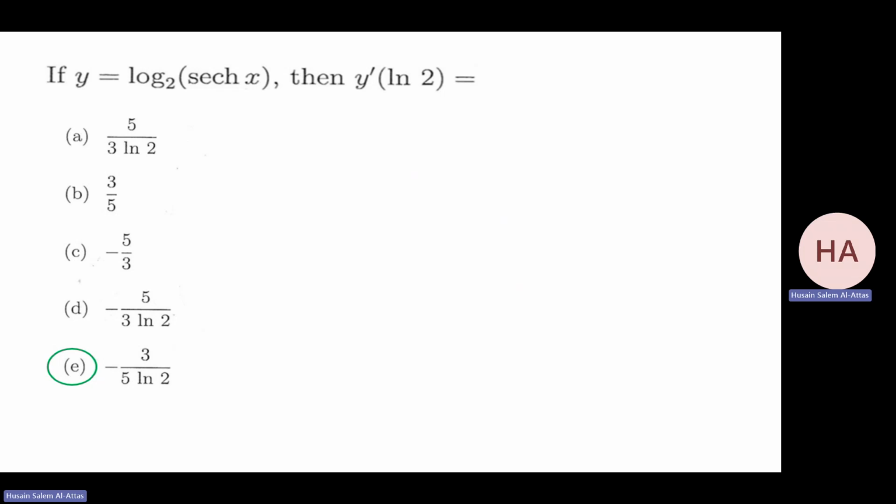Y equals log base 2 of secant hyperbolic x. Find this. So I need to find y prime. Y prime will be 1 over secant hyperbolic, ln2 here, and I have minus secant hyperbolic tan hyperbolic x.